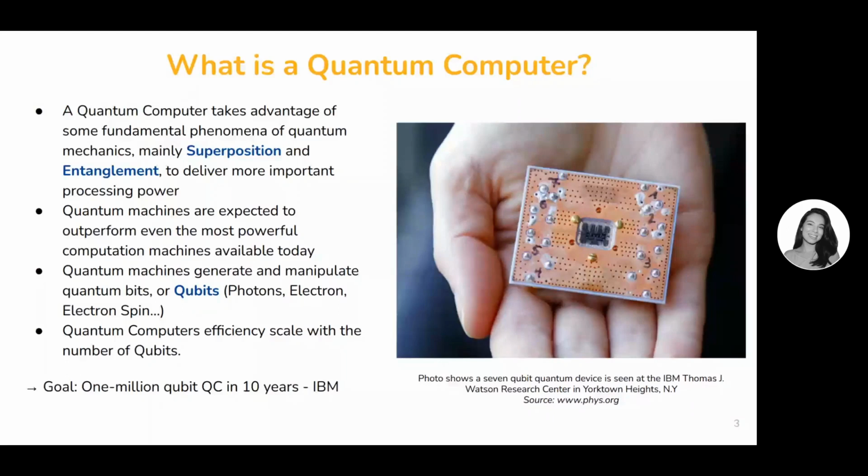So in this picture, we have a processor that has 7 qubits. This is a very small chip that dates to 2018, released by IBM Quantum in New York. Of course, today we have chips that support hundreds of qubits. This processor is actually installed within an entire system in order to use this chip for computational purposes.